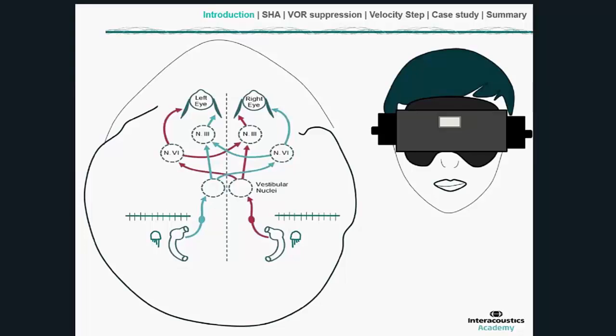And in this case, the eyes are maintained in a stable position in their orbit, held gazing forward. We have here just a schematic of the sensory epithelia, the hair cells on the right and on the left, and these spikes represent ongoing, tonic neural activity that provides a tonic muscle contraction in these extraocular muscles to hold the eyes in place even when the head isn't moving.